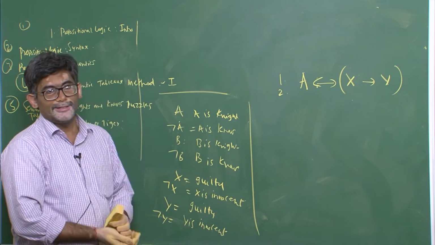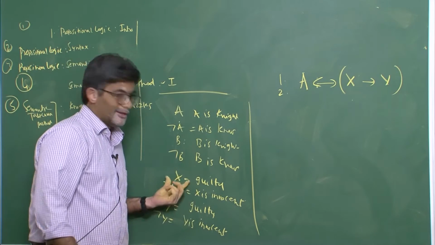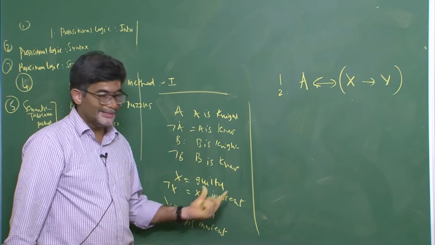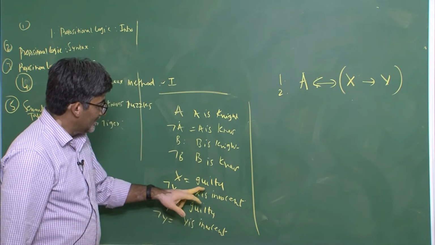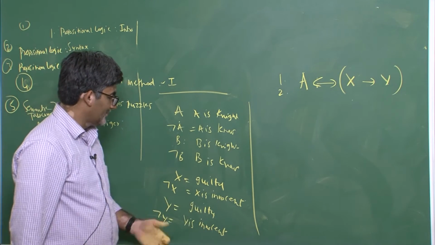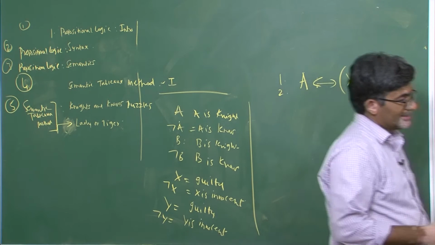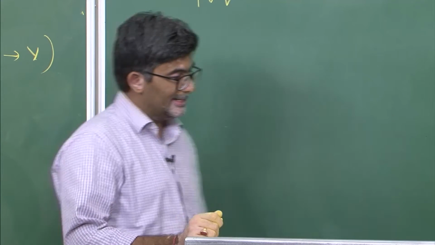You can consider another kind of notation. If X represents guilty, then not X is considered to be innocent, the opposite of guilty. Now the second statement is: either X is innocent or Y is guilty.